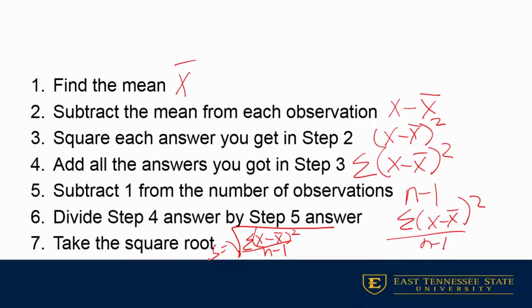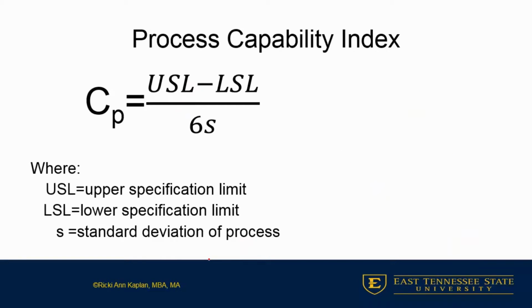Why do you need to know standard deviation? Because you're going to be working with a process capability index. The process capability index tells us whether a process is capable of working or not. It uses upper specification limits, lower specification limits, and standard deviations.